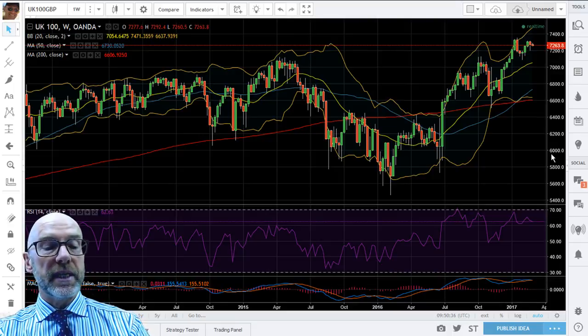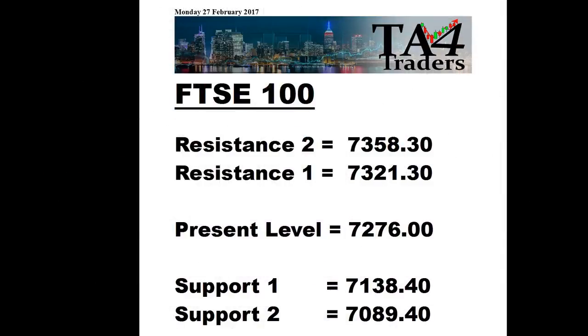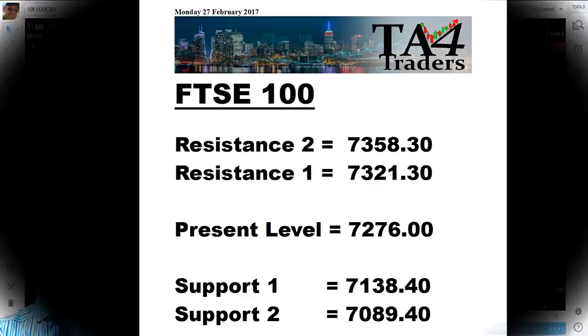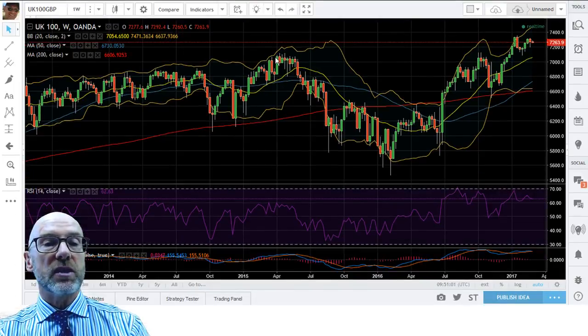On the support resistance levels to watch, where we've rolled from the 73.21 and 73.58, they are now resistance levels, and the support comes in at 71.38.4 and 70.89.4, and you can see these levels on the daily charts.